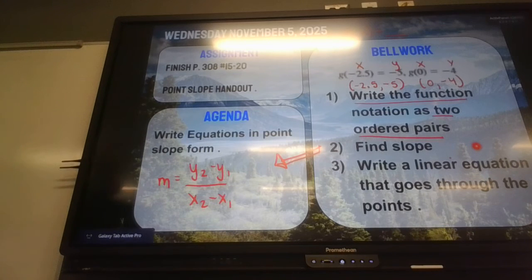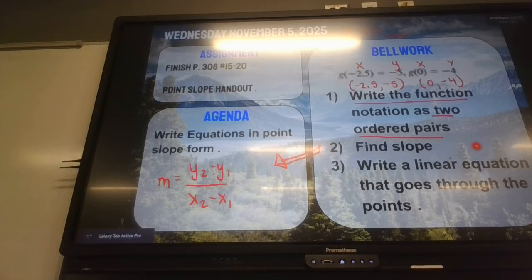So let's decide which point will be x1, y1, and which point will be x2, y2. The first one, negative 2.5, comma, negative 5. Let's plug that in for x1 and y1. And the second point, 0, negative 4.